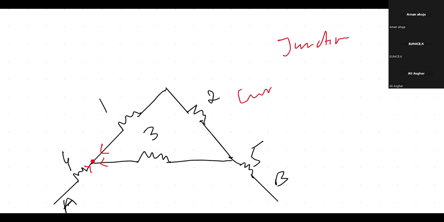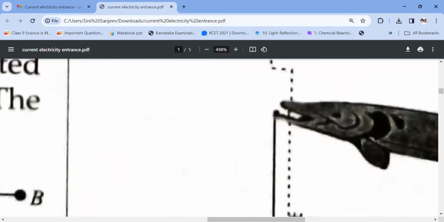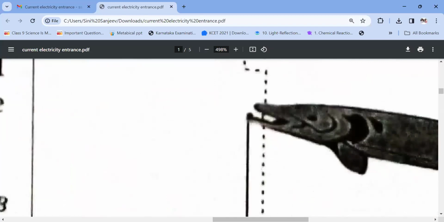Are you able to see what I'm drawing? One second, Ali. If that is the case, I'll just close this whiteboard and do a share screen on this video. I'll just zoom this. So is this page clear to everyone? Yes, this page is clear to everyone, right?